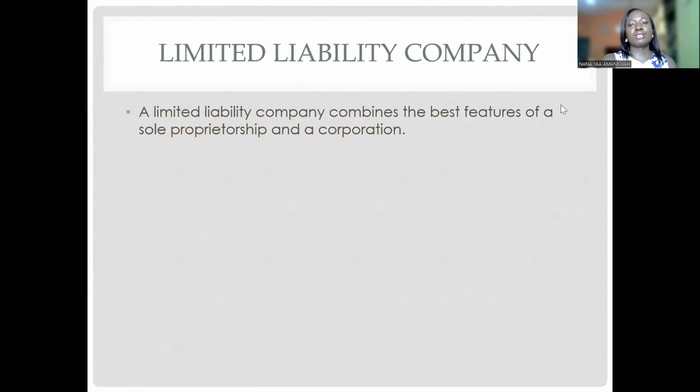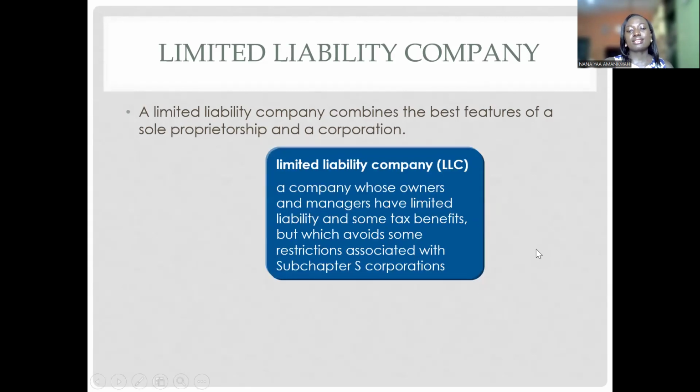Great. So limited liability. Now, a limited liability company is just a combination of the sole proprietorship and the corporation. If you look at all the features of the sole proprietorship and then those of the C corporation, then you know that is a limited liability company.